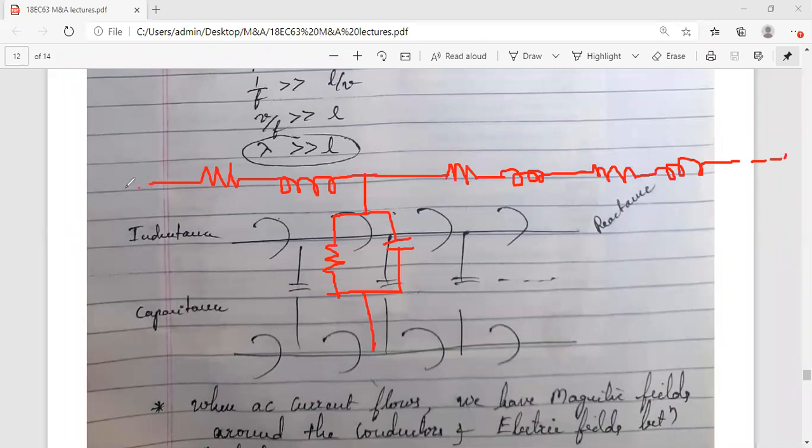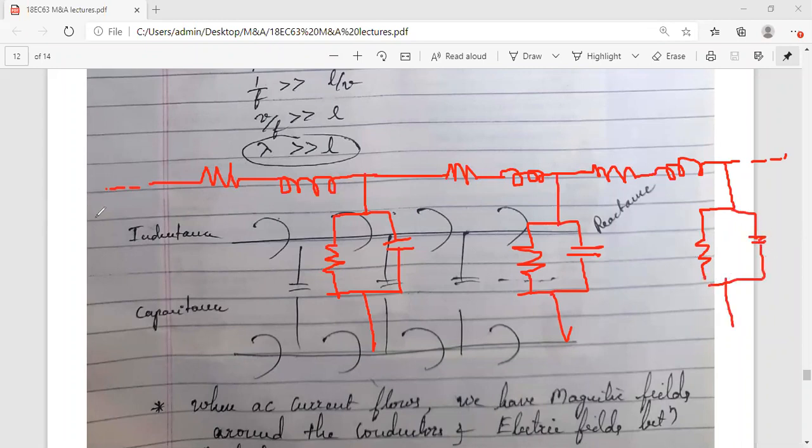It's a long transmission line. Let me draw the dots. Similarly, here there is one conductance, capacitance. Then here also we will take another connection like this. So this will also continue on both sides.